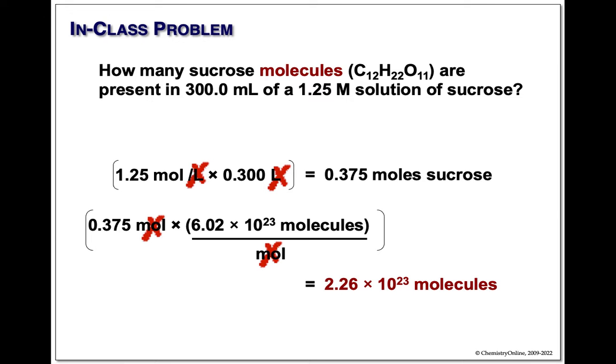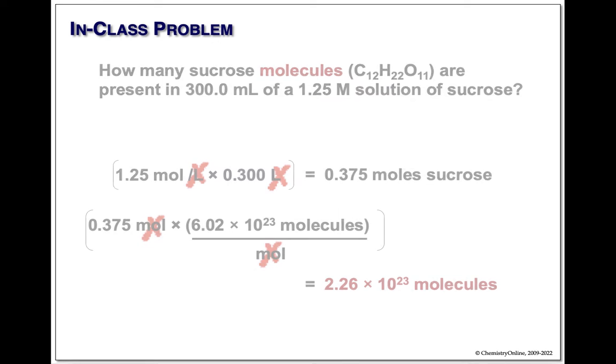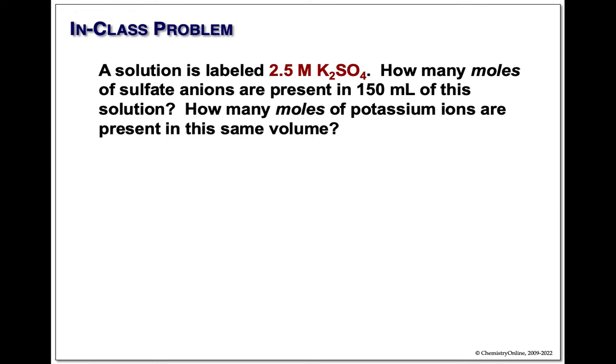Well, we could do one more type of problem here. Actually, many more, but one more major one. And that involves mole ratios. Something like this. We have 2.5 molar potassium sulfate in this solution.